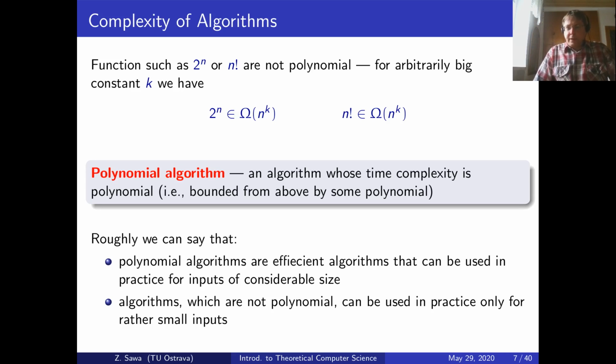These problems or algorithms which are polynomial could, roughly speaking, be considered efficient algorithms. They are efficient in practice in the sense that they could process big inputs in reasonable time.